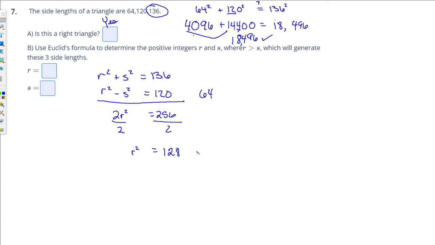Can I take the square root of 128 and come out with an integer? Take the square root of 128 in your calculator. When I take the square root of that, I come up with 11.31, and it keeps going.